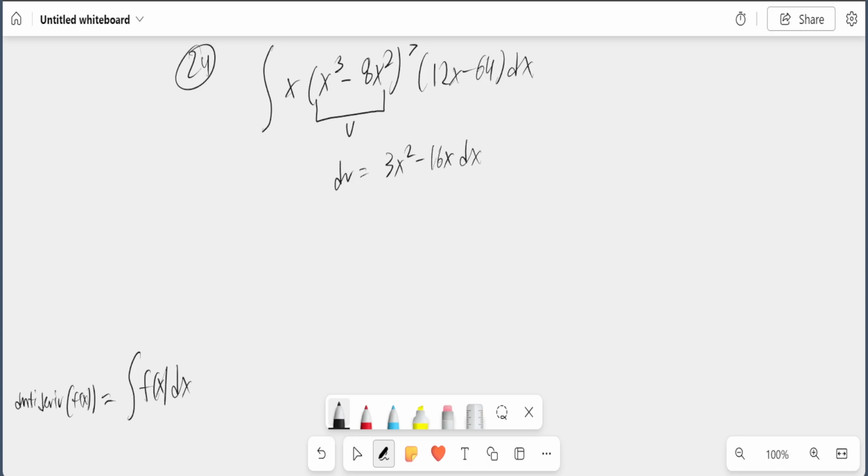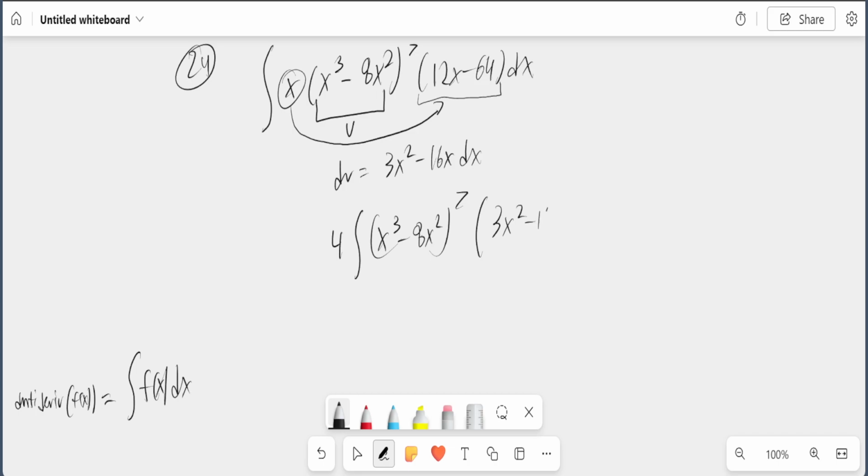Okay. Well, if we factor out a 4, we could get that, but we're missing an x, and we have the x over here. So if I move the x into here and then factor out a 4, I can get 4 times x cubed minus 8x squared to the 7th times 3x squared minus 16x dx.